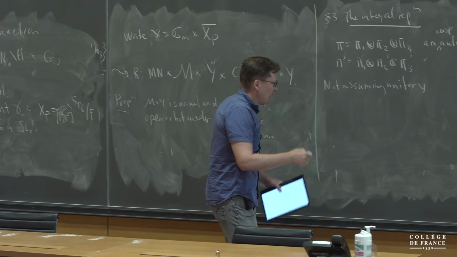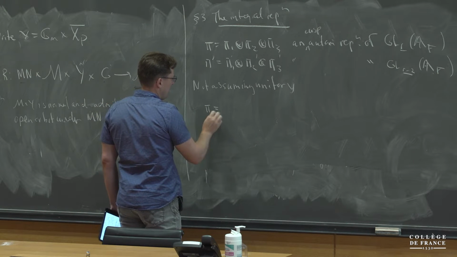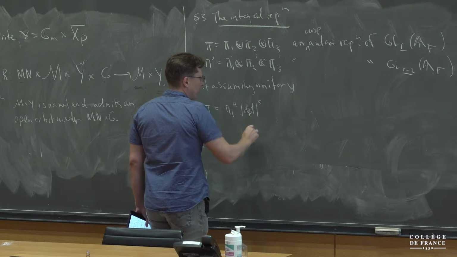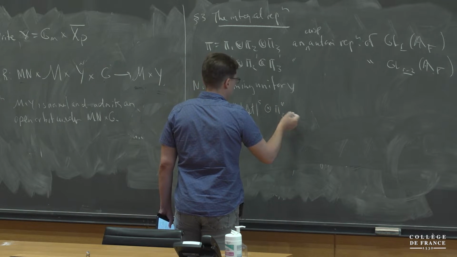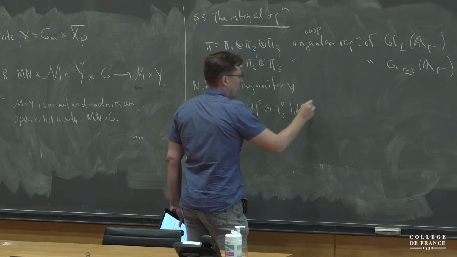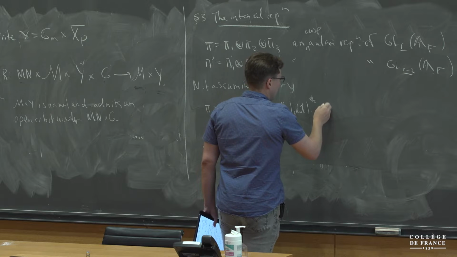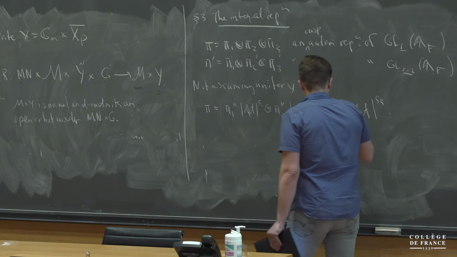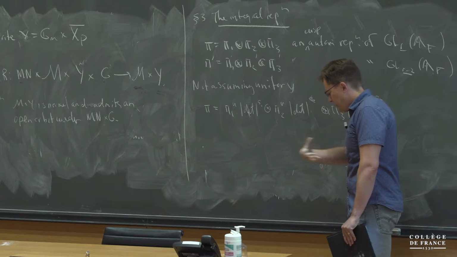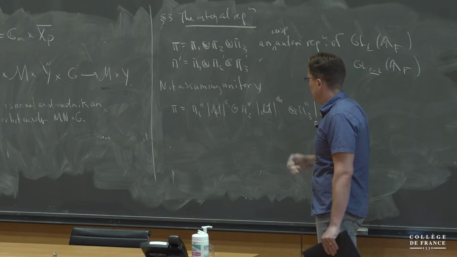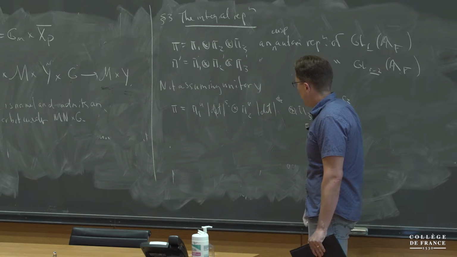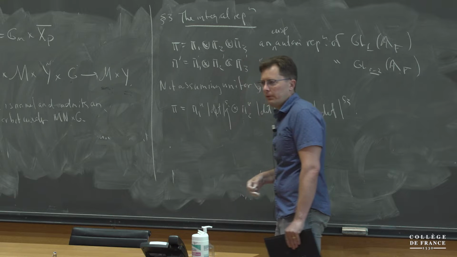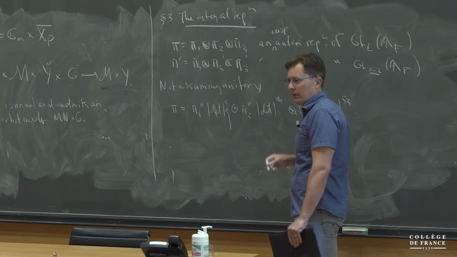I mean, just as a remark, I can always factor pi equals pi 1u |.|^s1 tensor pi 2u |.|^s2 tensor pi 3u |.|^s3, where the pi u's are trivial on the usual copy of the positive real numbers embedded diagonally in infinite places of GL n R. And so I can talk about a function of pi being holomorphic, et cetera, by saying that it's holomorphic as a function of s1, s2, and s3.